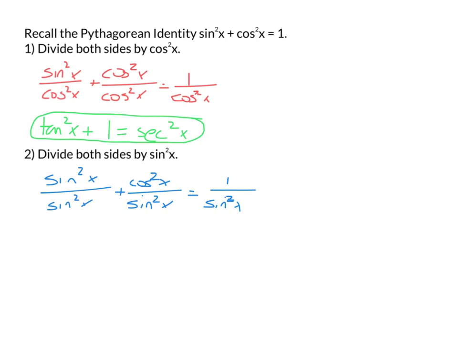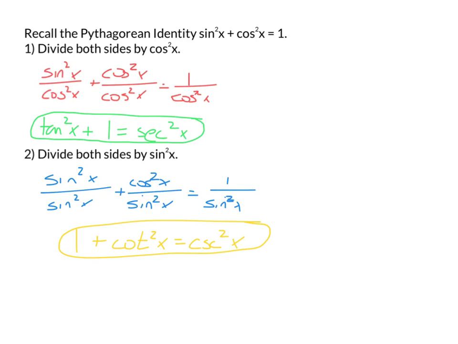And so sine squared divided by sine squared becomes 1 plus cosine squared divided by sine squared. Cosine divided by sine is cotangent, so cosine squared divided by sine squared is cotangent squared. And then 1 divided by sine is cosecant, so 1 divided by sine squared is cosecant squared. And there is the other Pythagorean identity.